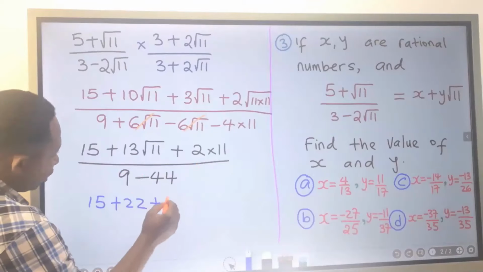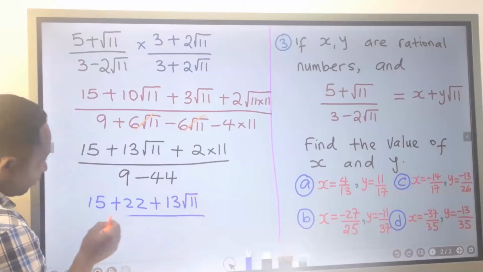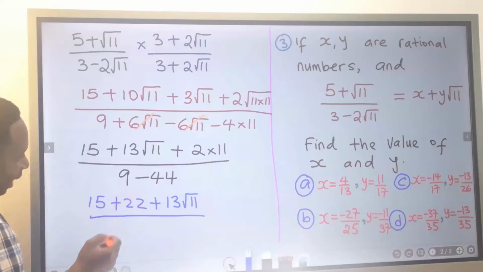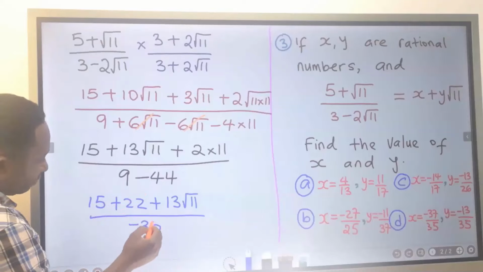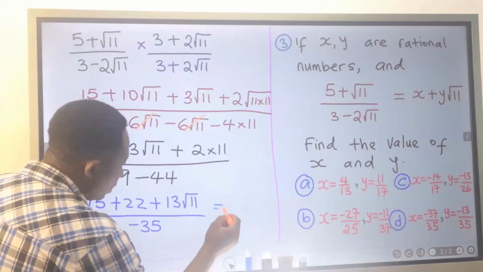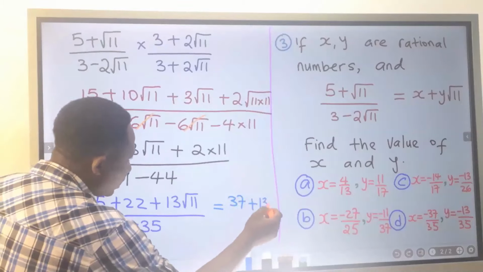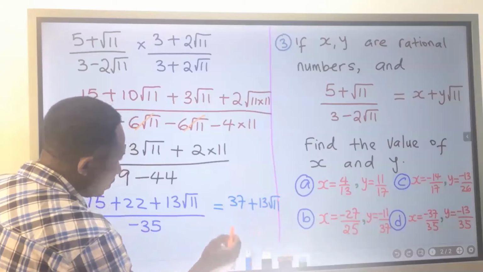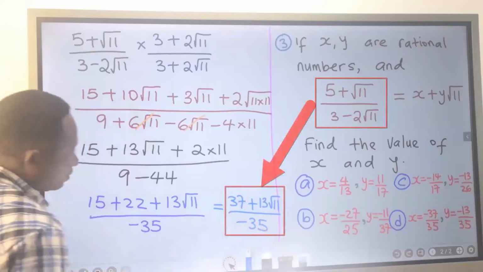And this is plus 13 root 11 divided by 9 minus 44 is minus 35. Next, 15 plus 22. This will give you 37 plus 13 root 11 divided by minus 35.